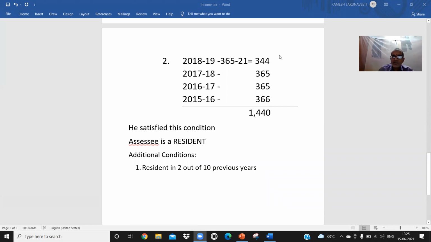In this year he stayed more than 182 days, and this year also he stayed more than 182 days. So in the last 10 years he has to be a resident for just 2 years. By observing this calculation, you can say that this condition is satisfied. Now coming to the second condition.